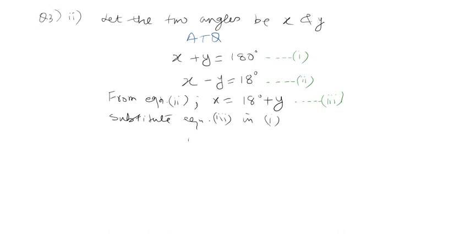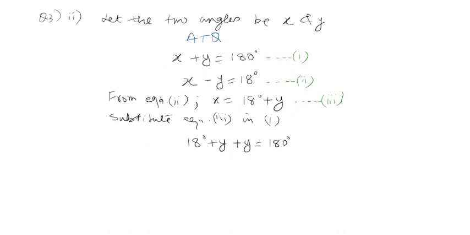In place of x, I am going to write 18 plus y, and plus y, there will be one more y, equal to 180 degrees. Why is there one more y? Because this x is 18 plus y, and this y is already existing, so there will be 2y.